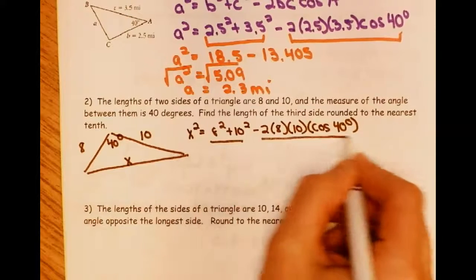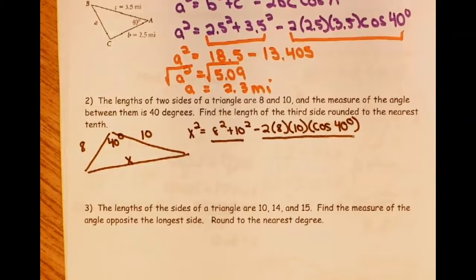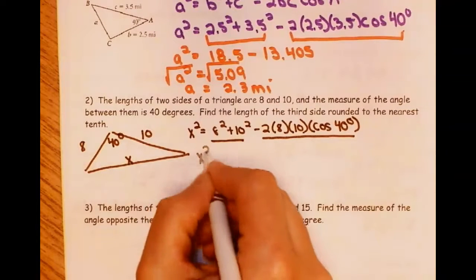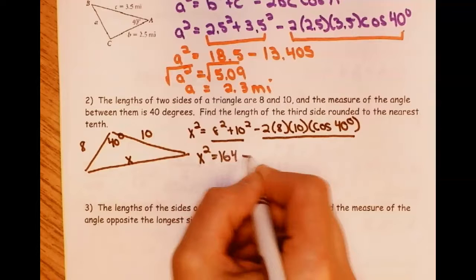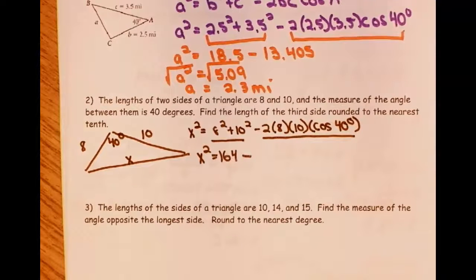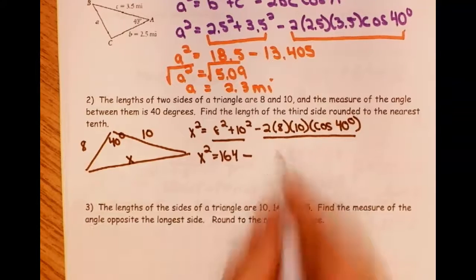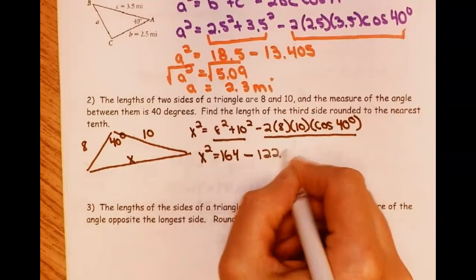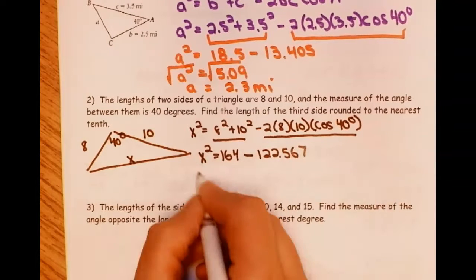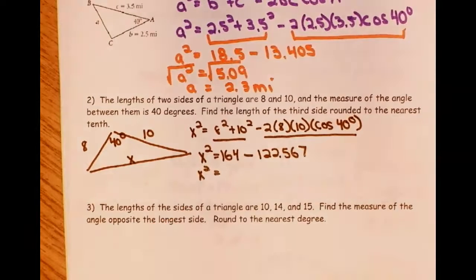I'm going to type in that. I'm going to type in that. So here we go. 8 squared plus 10 squared is 164 minus, typing in all of that, 122.567. We're going to go ahead and subtract the two.